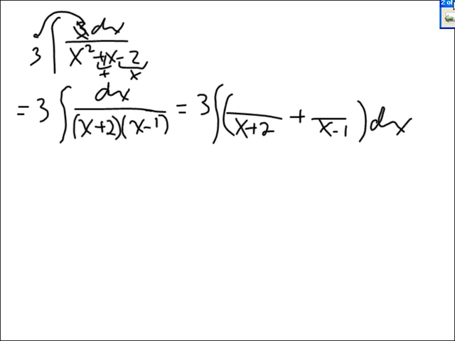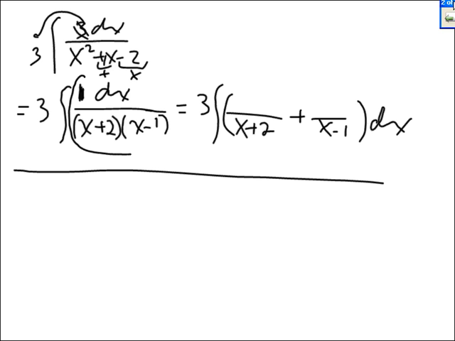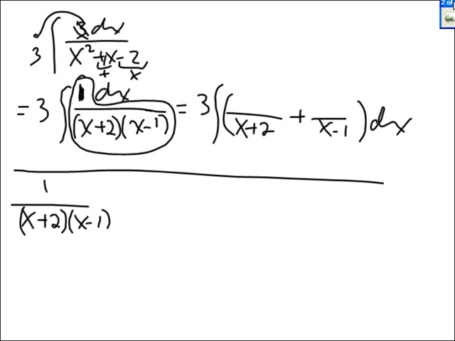And I'm going to spend a while from here on trying to find what goes above the x plus 2 and the x minus 1. Now remember, there's a 1 right here. So I want to rewrite this as something over x plus 2 plus something over x minus 1.